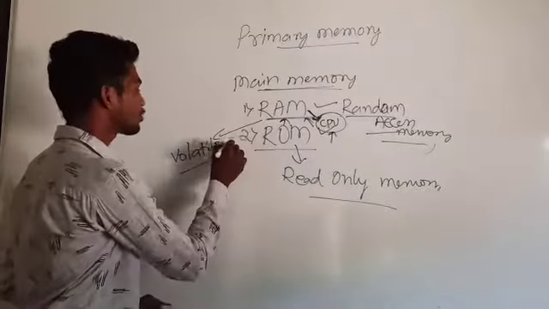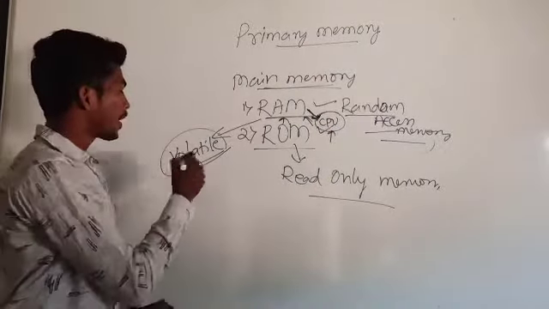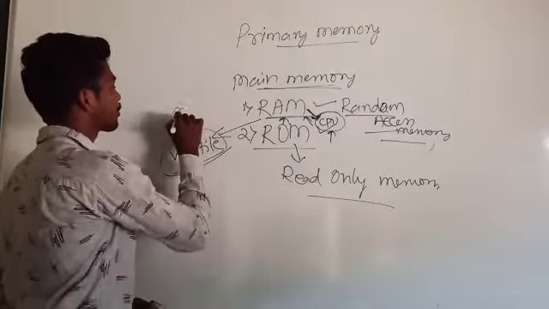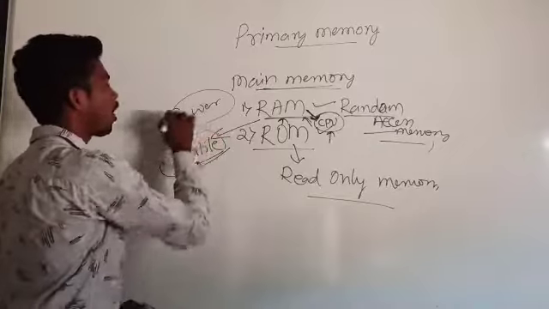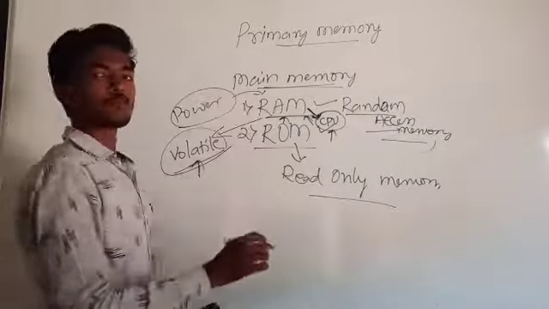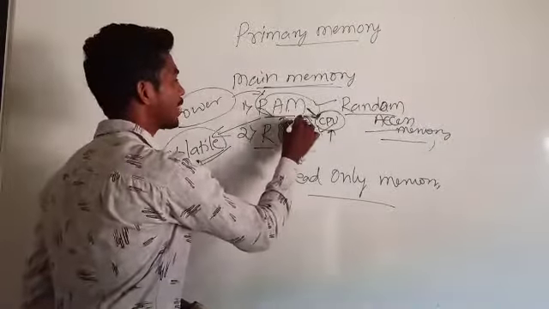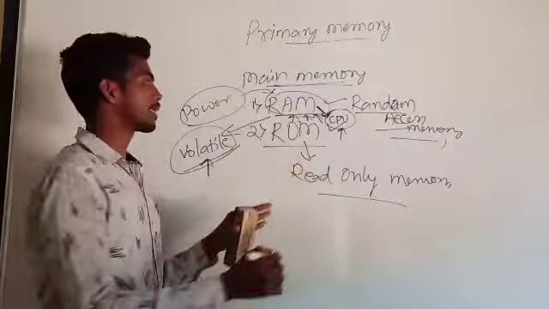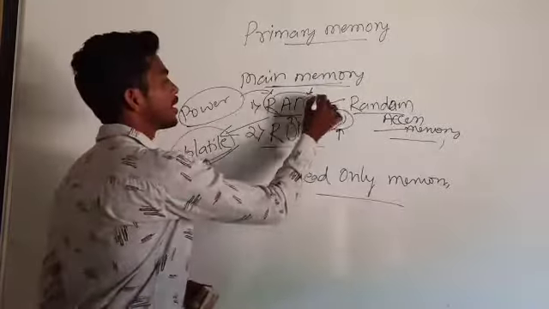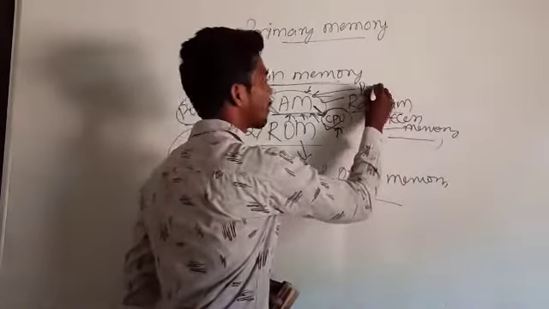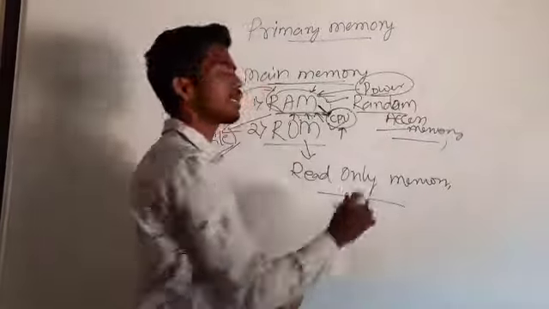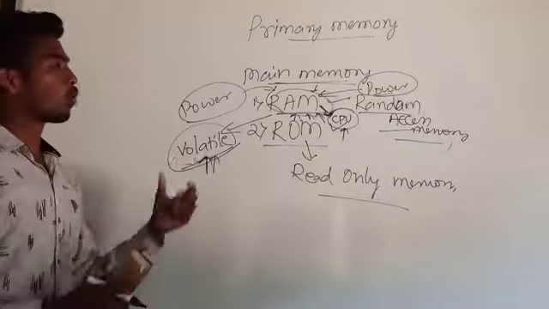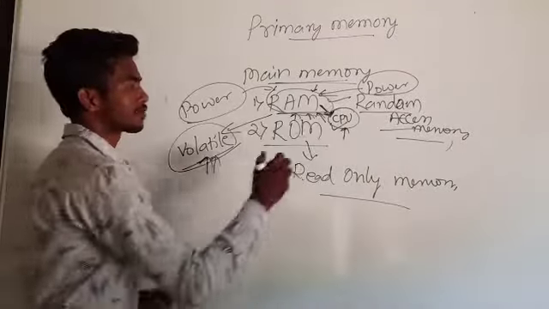That's why we call it volatile. Another meaning of volatile is that when the power of a computer goes off, the RAM automatically erases or deletes the data within it. It needs a continuous power supply to retain the data. For that reason we call it a volatile memory.